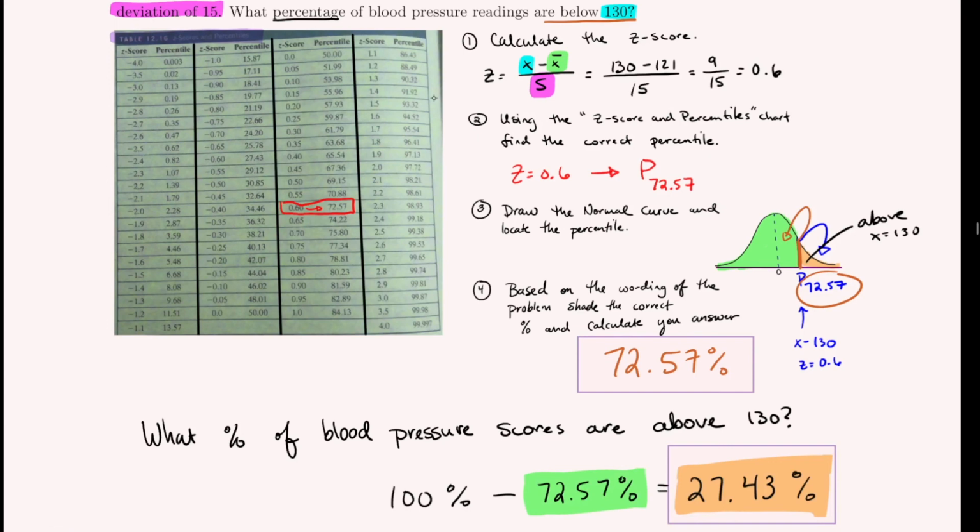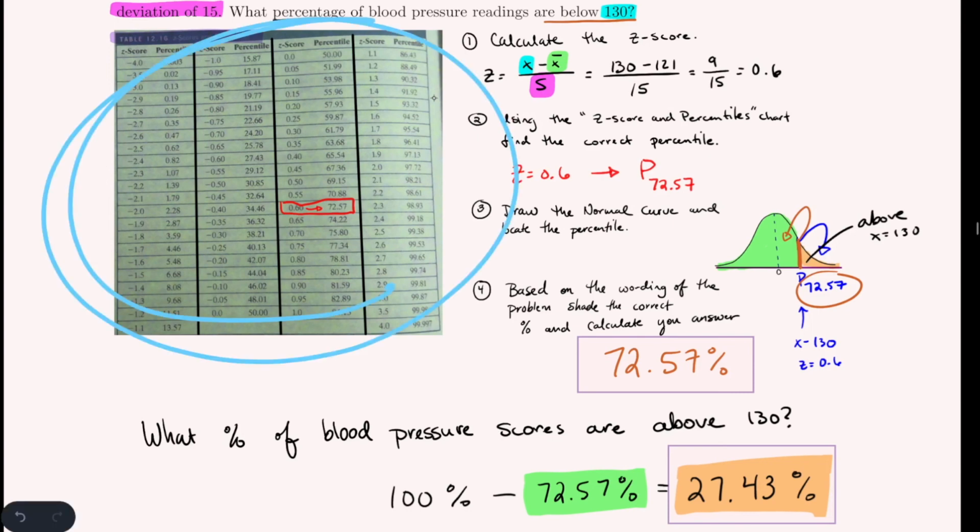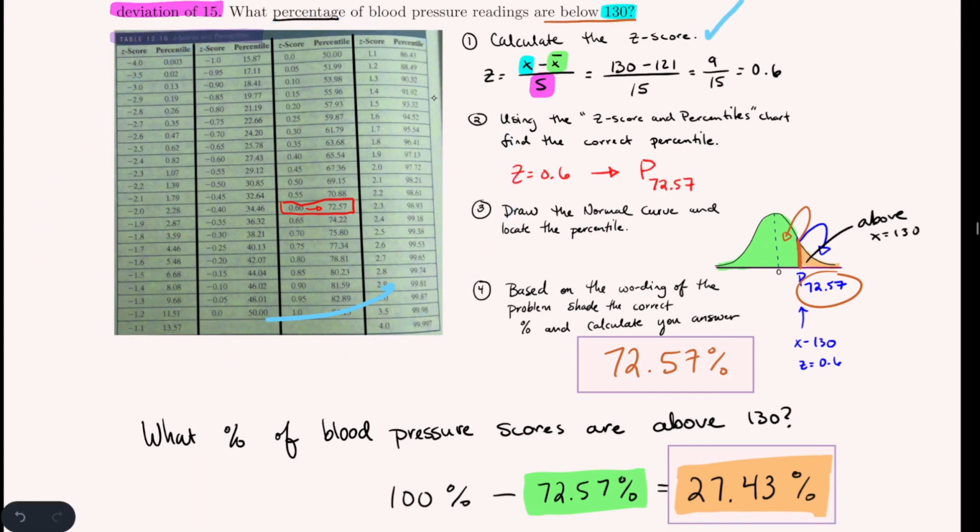So all there is to these types of problems is to understand when they say that something is normally distributed, that means that we can use the information gathered in this chart, assuming we can first calculate the z-score, then based on the chart, find the correct percentile, then draw the normal curve and look at where the percentile would be located, and finally, based on the wording of the problem, find the correct shaded portion of the normal graph we're interested in, and then find that related percentage.